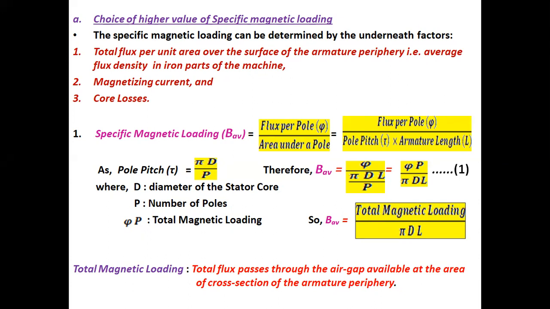So B average is equal to total magnetic loading divided by pi d L. Total magnetic loading is the total flux that passes through the air gap available at the area of cross section of the armature periphery.